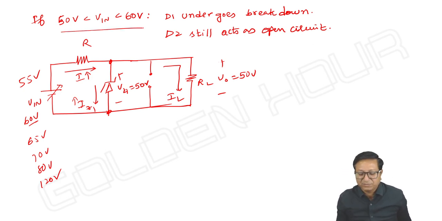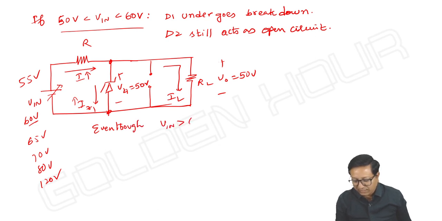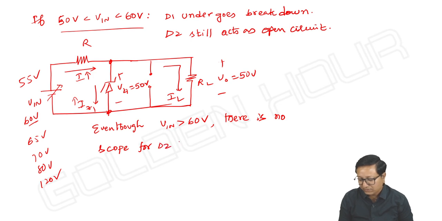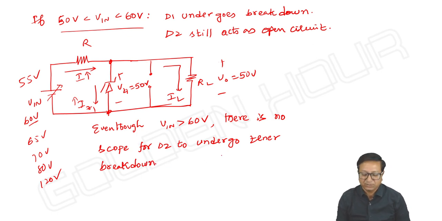Even though V input is greater than 60 volts, V output remains at 50 only.